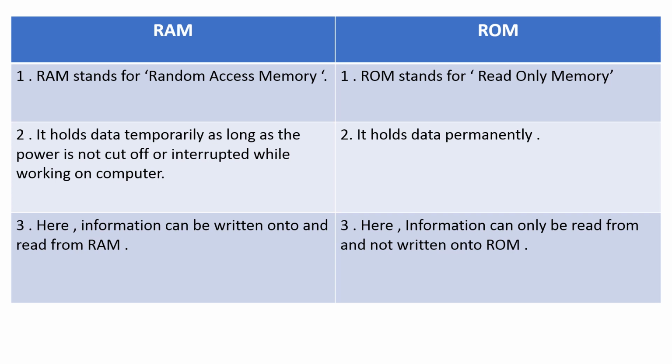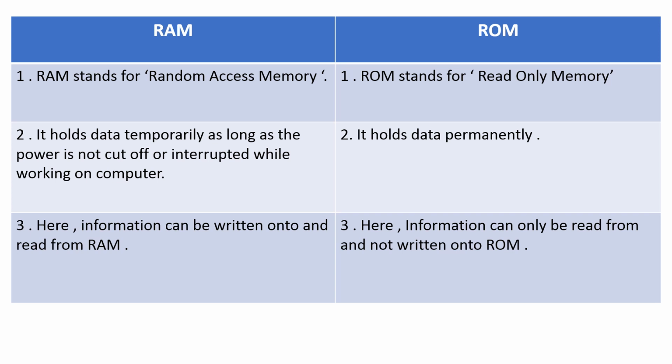So the next point that we are going to study between RAM and ROM is that RAM holds the data temporarily as long as the power supply is not cut off or interrupted while working on the computer. Means as long as your computer has the power supply, as long as your computer is switched on, your RAM information will be stored.